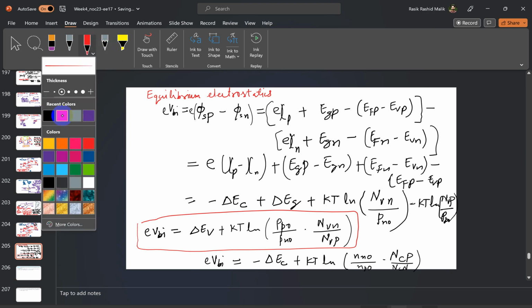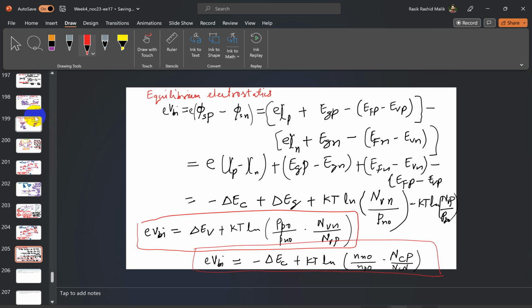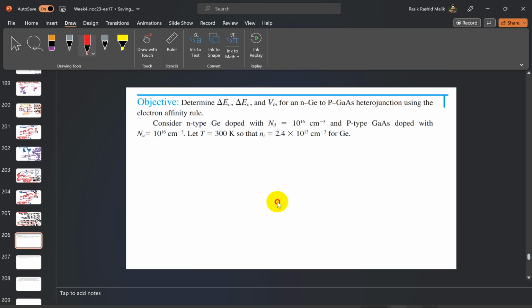Okay. So we can now start solving the questions. The question here is about calculating the delta EC and the delta EV, and we have a similar type of junction.